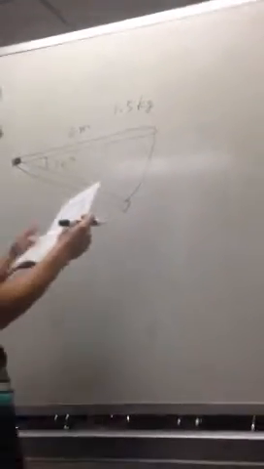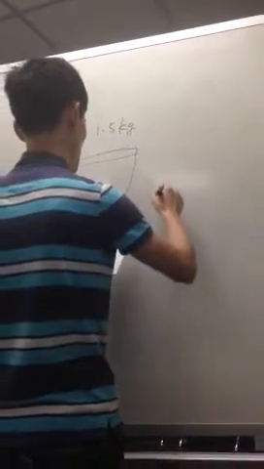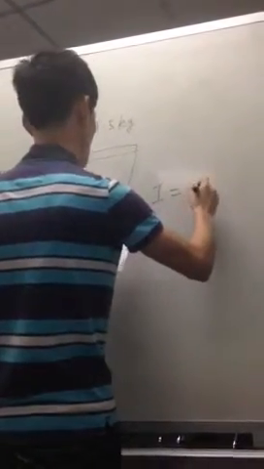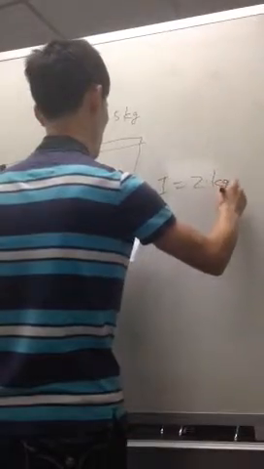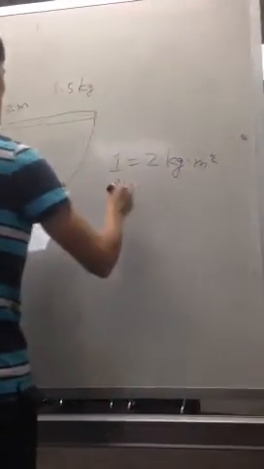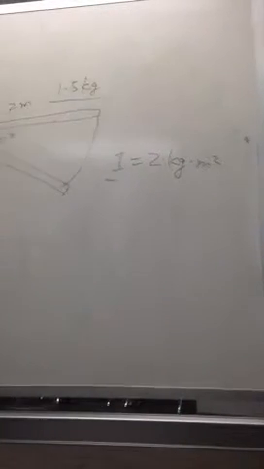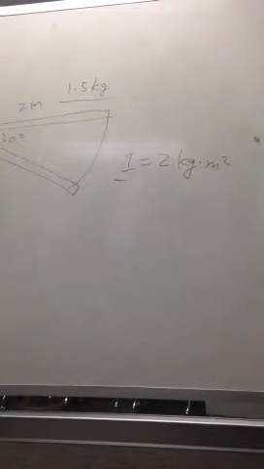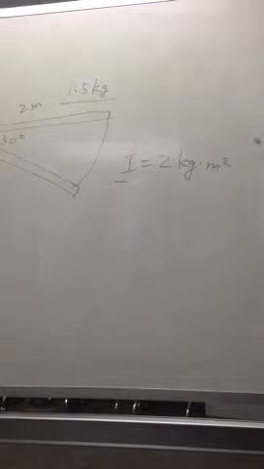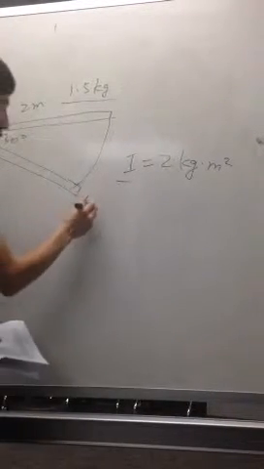The moment of inertia for the rod is 2 kilogram meter squared. So we know these, we know the length, we know the mass. The question is, what's the angular speed here?